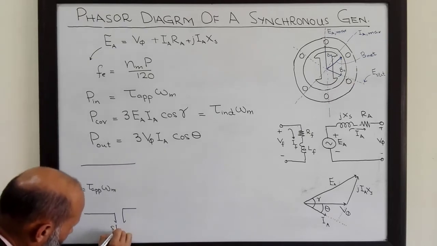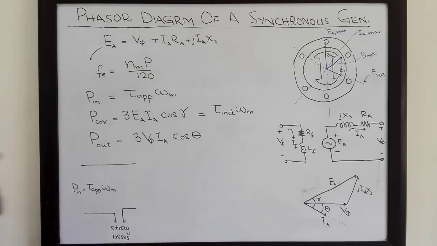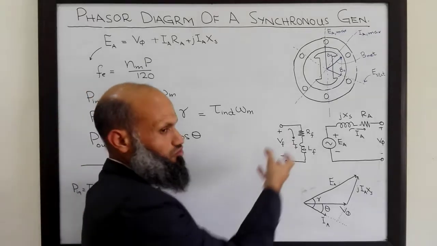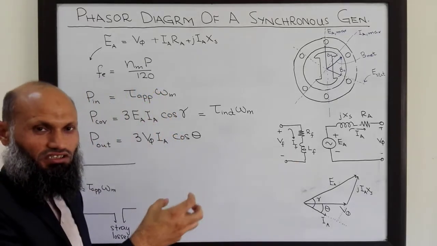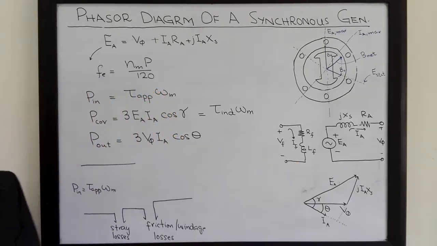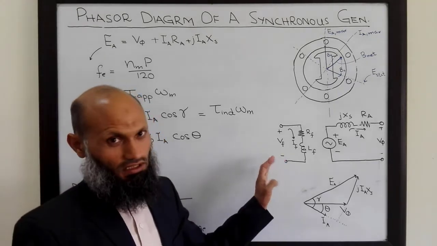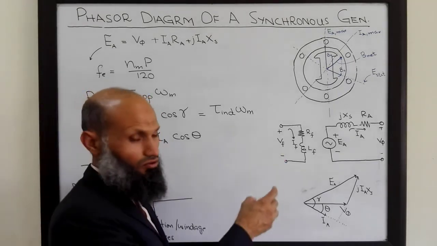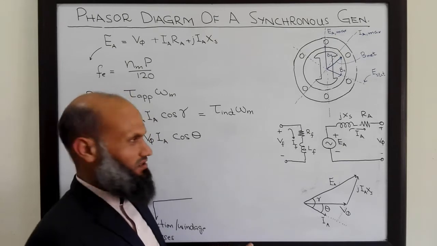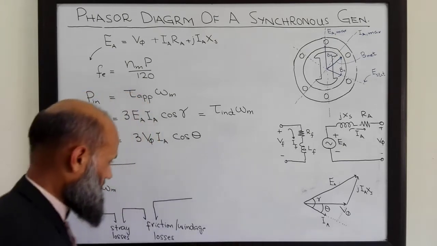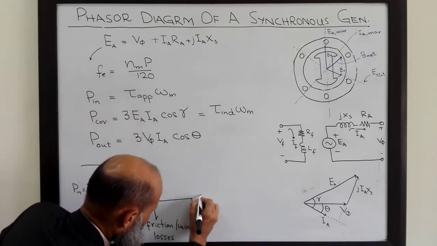We call these losses stray losses. Then some of the power is consumed to overcome friction and windage losses. And then we have core losses. You remember the core losses include the hysteresis losses and the eddy current losses.